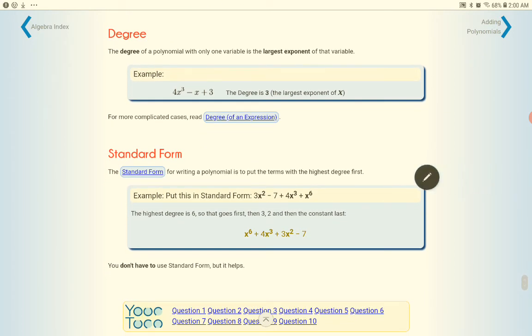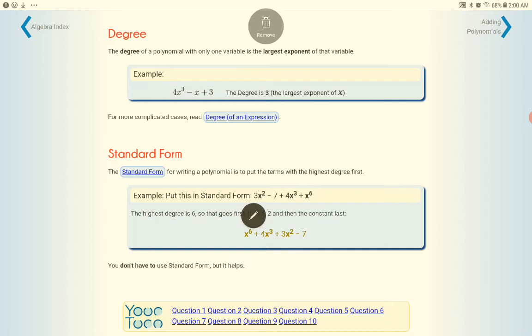Okay, the standard form of a polynomial, you can see why this is kind of the simplest way to express it. So with a standard form, I have many terms, separated by addition and subtraction, and I have the highest degree in front. Looking at these four terms, the highest degree is the x to the 6th, so that one comes out in front.